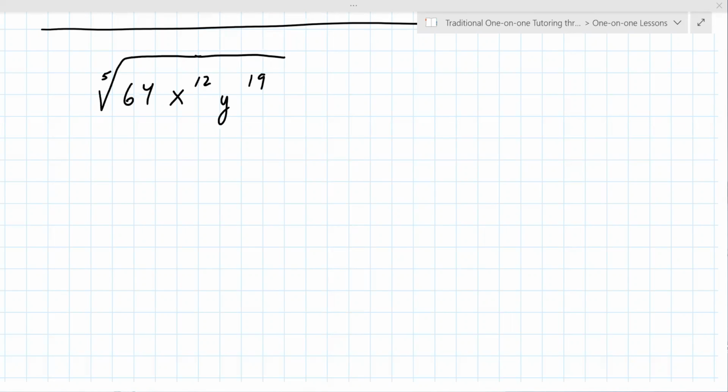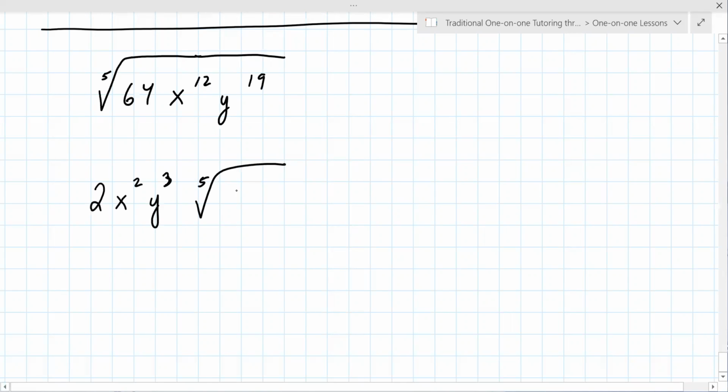Almost done. Great. Okay, so do you have 2x to the second power, y to the third power, and the fifth root?